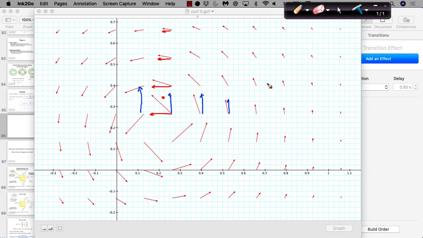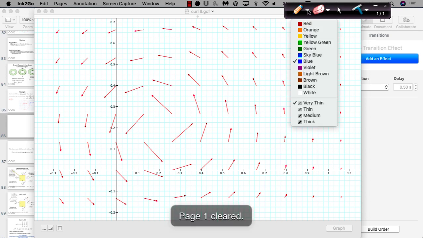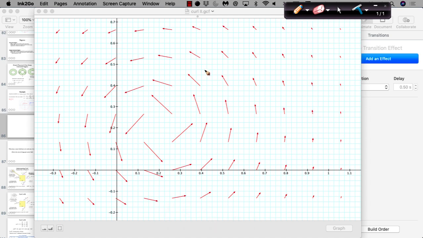Sorry, we want to pick a spot like over here. That's better. All right, so these are getting smaller going up, right? And then going this way, that one's bigger than this one, which is bigger than this one.